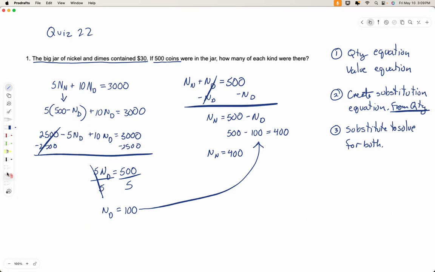All right, actually, let me adjust this for you. Here, I'm going to say, or illustrate it as, substitute into the value.